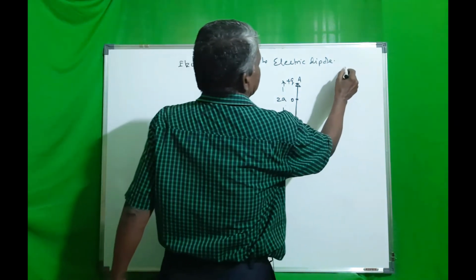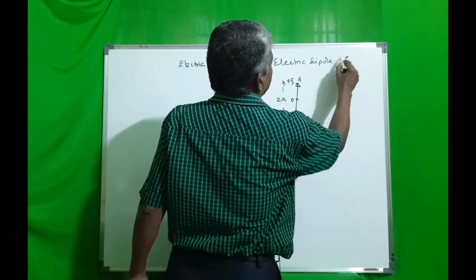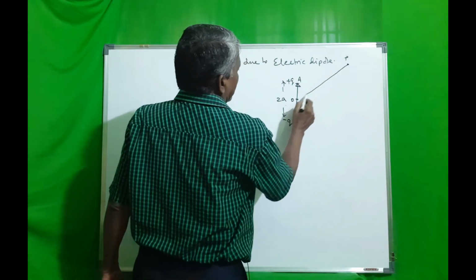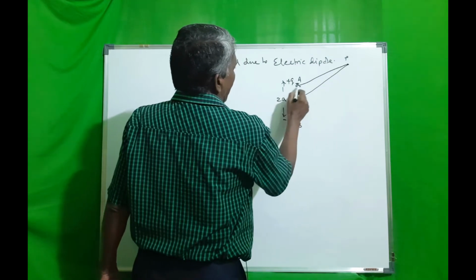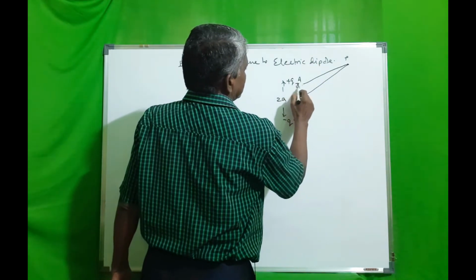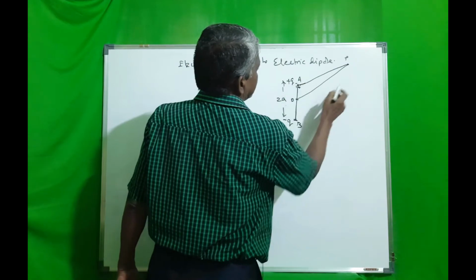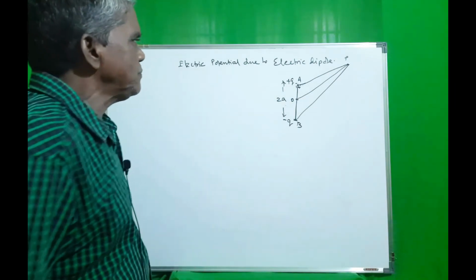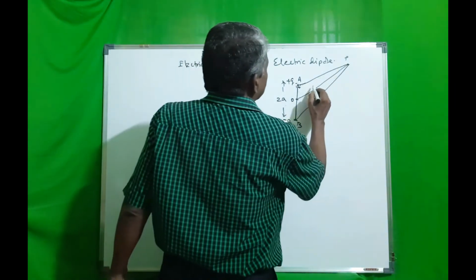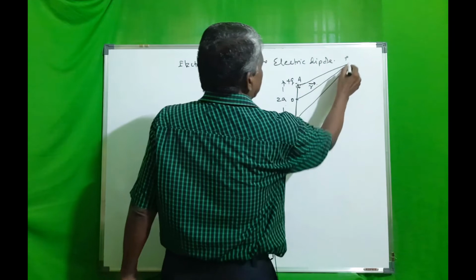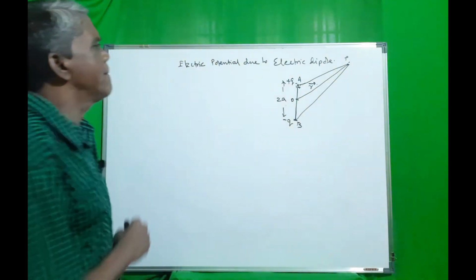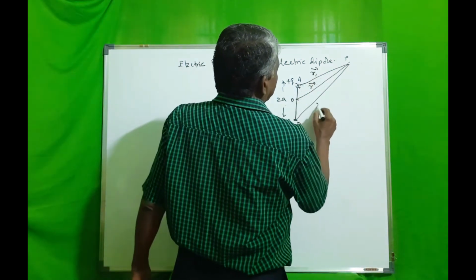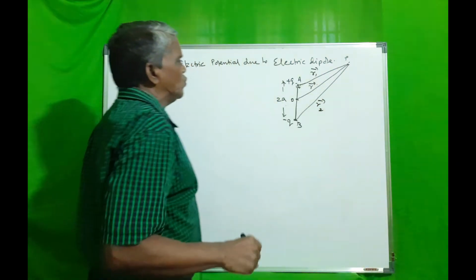Now let us take any point P where we want to find the potential due to the dipole. Let R be the position vector of the point from the middle of the dipole, and the other position vectors are R1 and R2.